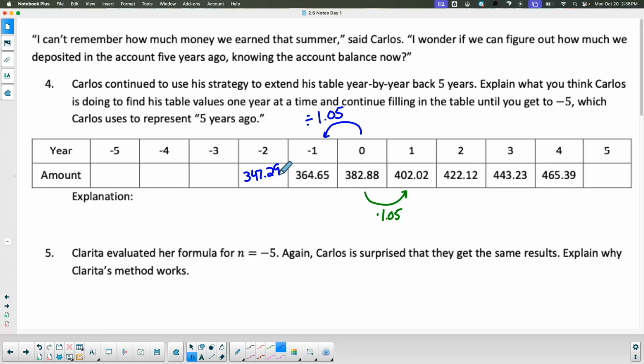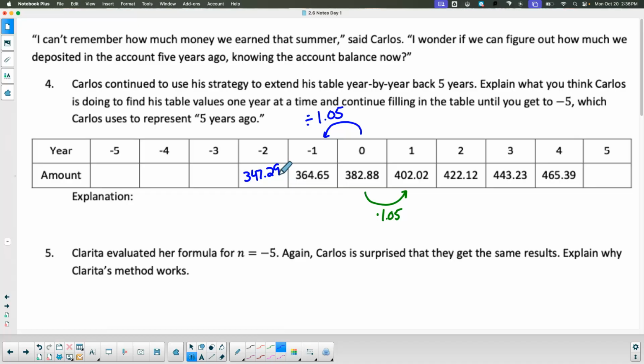Okay. So now 347.29 divided by 1.05 is how much? For year -3, for 3 years ago, how much money in the account?